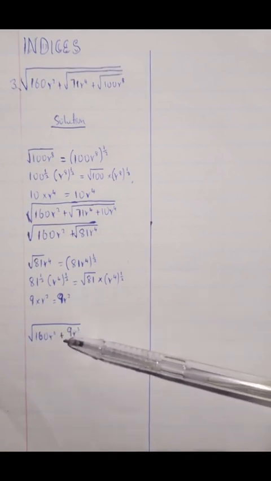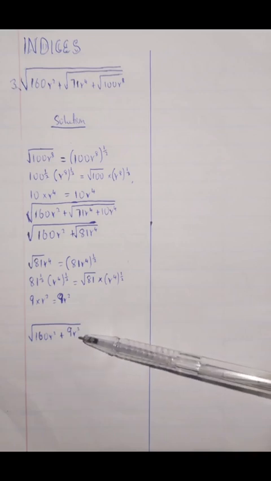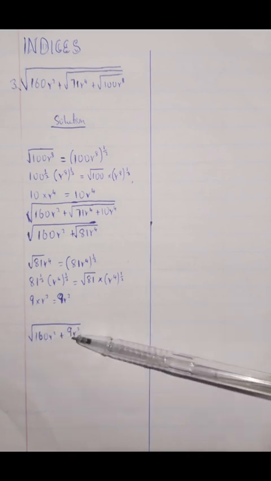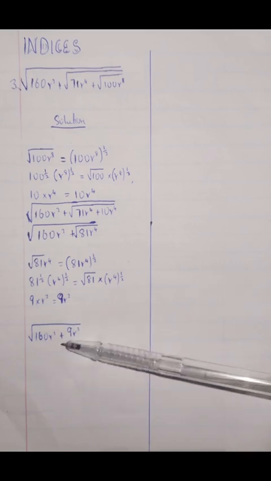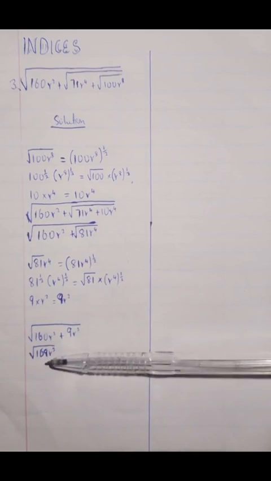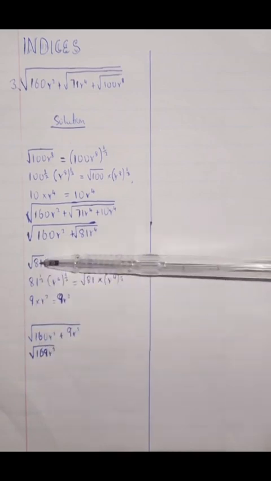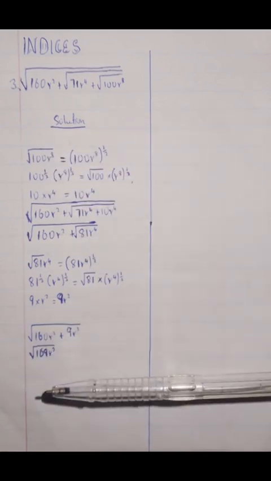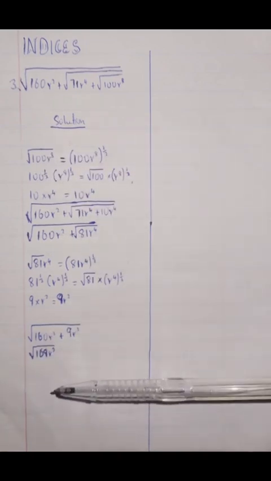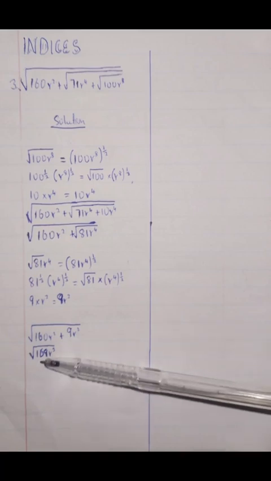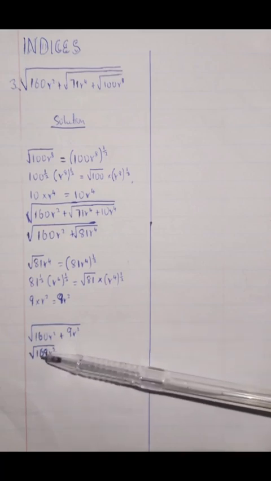Now if we add these two, because this is r squared and this is r squared, we can add. If we add these two, we have 169. So we have the square root of 169 r squared. And the same thing we did here, we'll be doing here. It's just a repeated process. So 169 r squared, we express in terms of power, meaning we have 169 r squared to the power of 1 over 2.